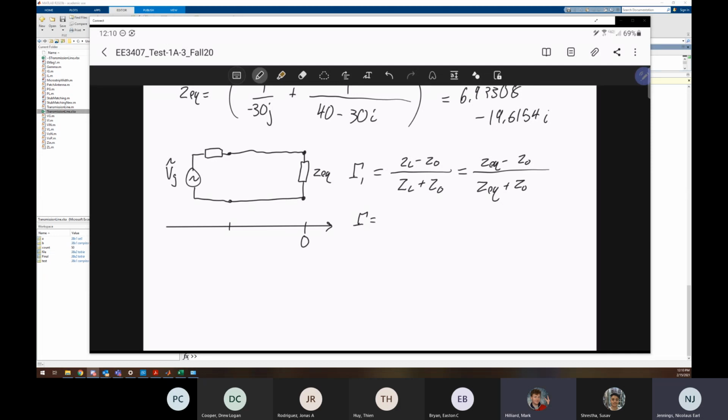Z naught is 50, right? 50 ohms. Correct. Yeah, the transmission line doesn't change. It's like using the same coax cable. Using my stored variables for ZEQ, I got negative 0.57 minus 0.54j. That is exactly what I got. Correct. That's awesome. Good job storing your variables too.